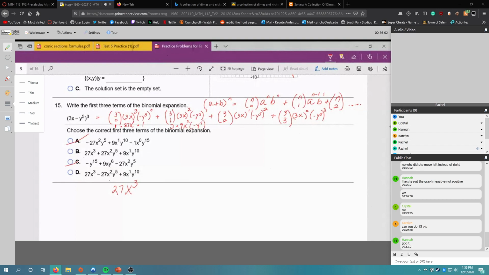So this term's going to be negative. So I'm going to have minus 27x squared y to the 5th. Because of that negative right there, that's going to turn that plus right there into a minus. Make sure y'all understand that part.